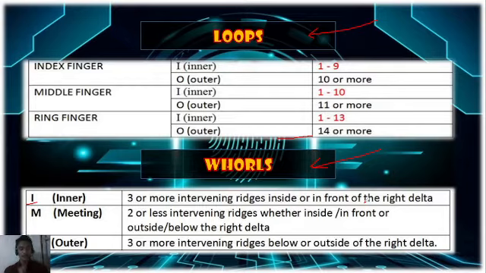And then kapag sa baba naman ng delta, 3 or more intervening ridges sa baba ng right delta, ang classification po natin dyan sa whorl na yan is an outer whorl. Okay? Pero wala pong problema sa meeting kasi sa meeting whorl, there are 2 or less intervening ridges. It doesn't matter kung above the right delta or below the right delta.